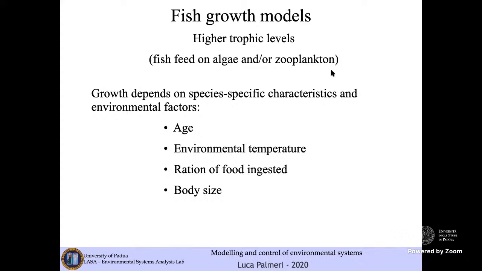And we will build this model, as always, based on the energy conservation principle, so continuity equations. We will build it with a different approach, in particular by looking at the fate of the food consumed by the organism.